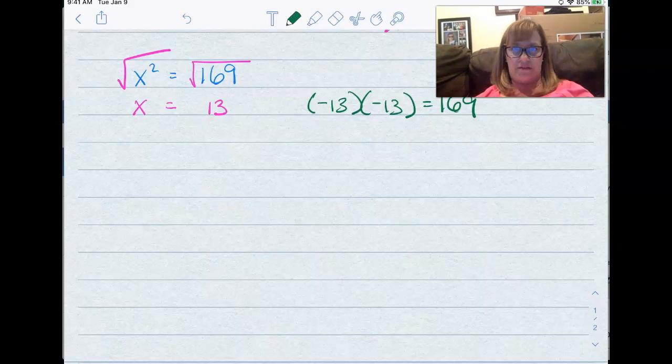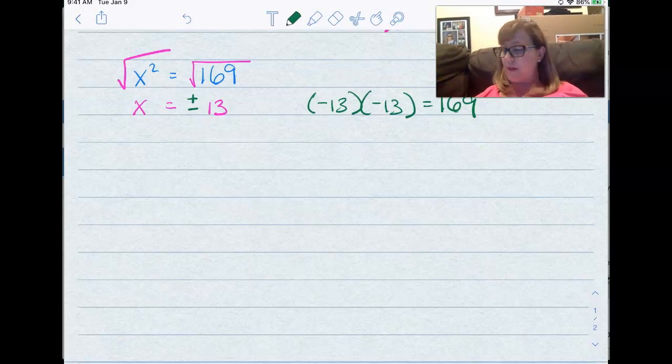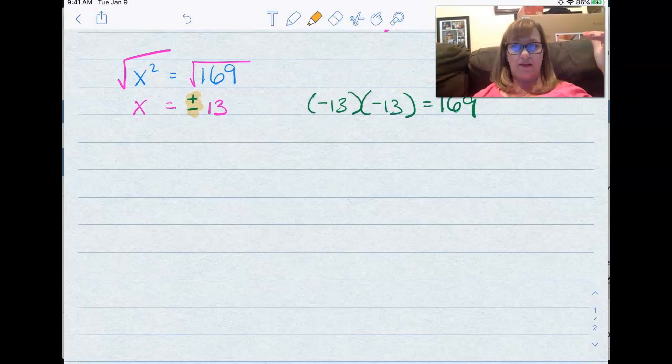Because of this, anytime we take the square root of a positive number, our answer is always going to be positive or negative, because when you square them, you get a positive number. We show this positive or negative by this right here, where you have your positive sign above your negative sign. And we read this that x equals a positive or negative 13.